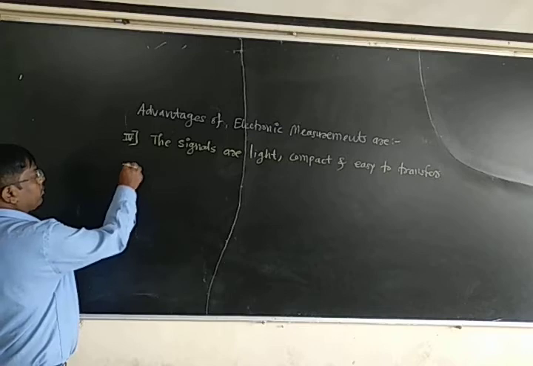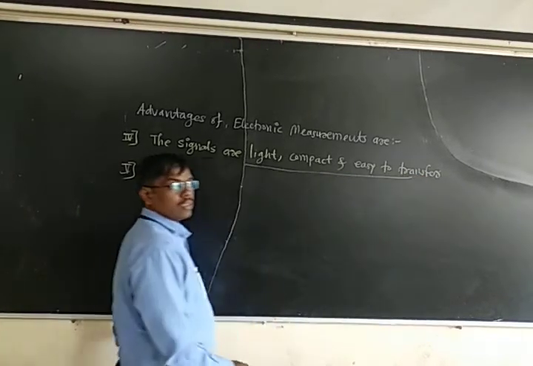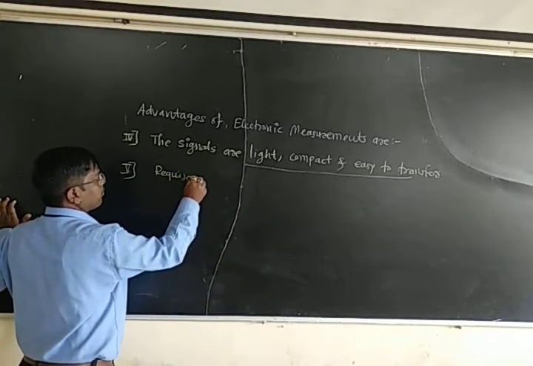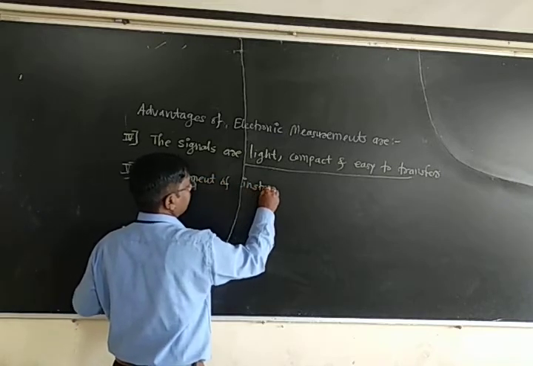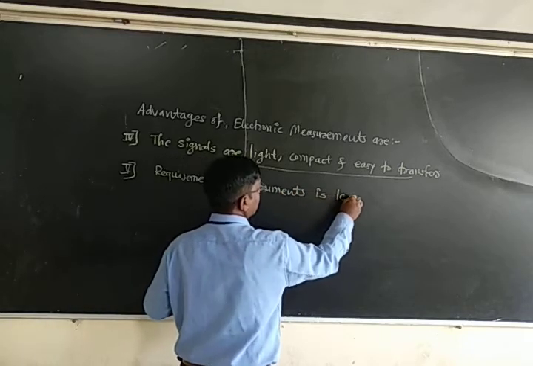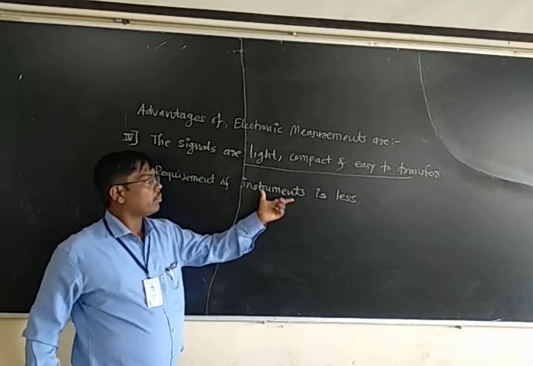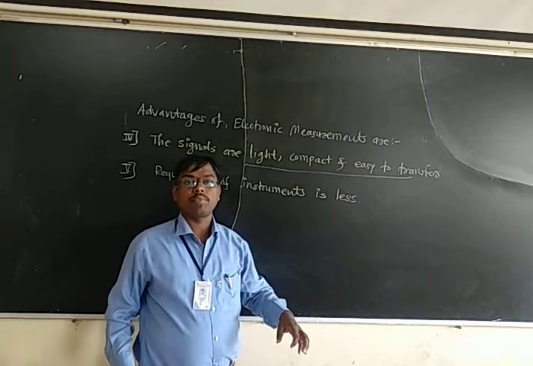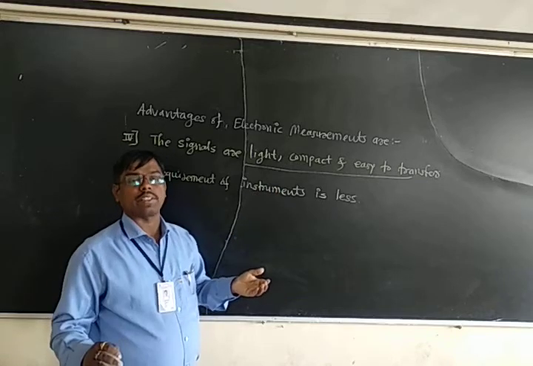Now the fifth one: due to the light, compact and easy to transfer signals, the requirement of instruments is less. Why? Because we can get a light, compact and easy to transfer signal. Due to that, the instrument requirement decreases.